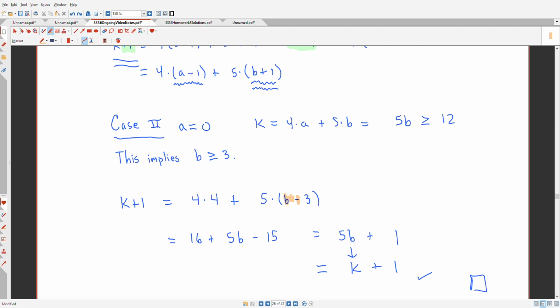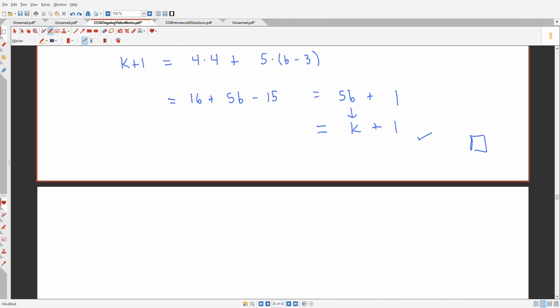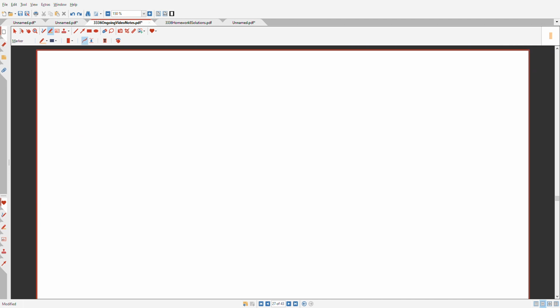Let me point you in the direction of what I think is a better strong induction example. Actually, I don't think that one was the best, so I apologize for wasting your time. But I'll say a better strong induction example of strong induction.